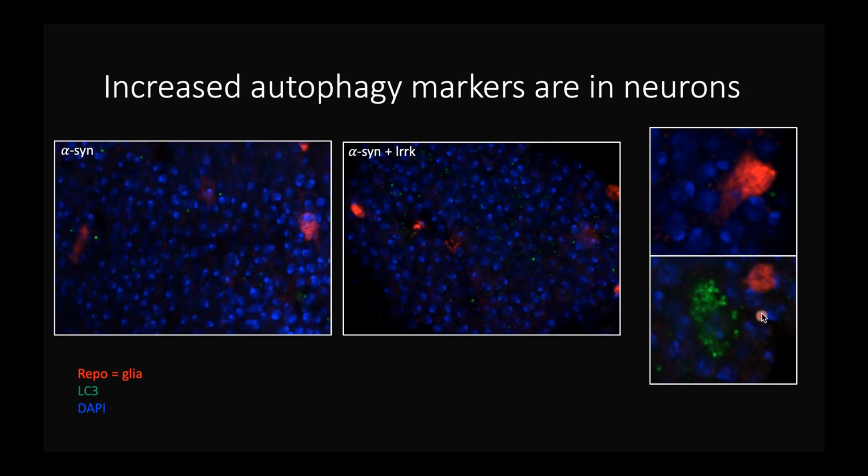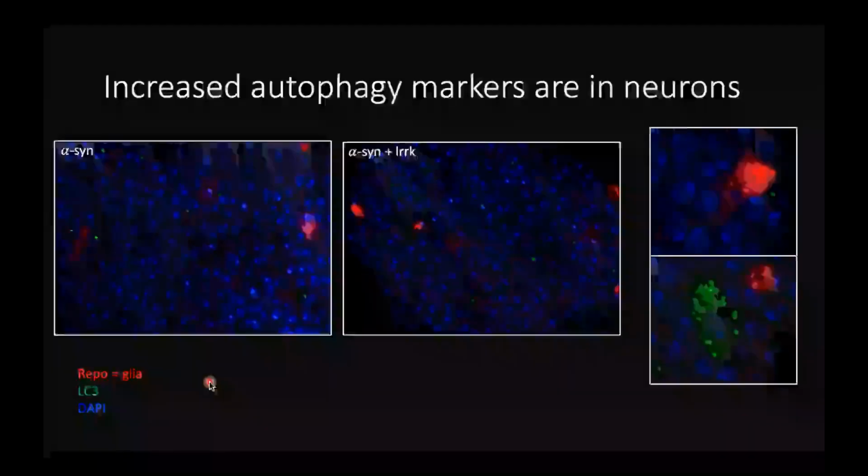Shown at higher magnification, again, we see occasional ones that are next to the glia, but really the bulk of them, including in cells that have a whole lot of impaired autophagy, are more adjacent to the glia. So I believe that this is the non-cell autonomous effect, and these markers are actually being increased in neurons in response to glial LRC knockdown.